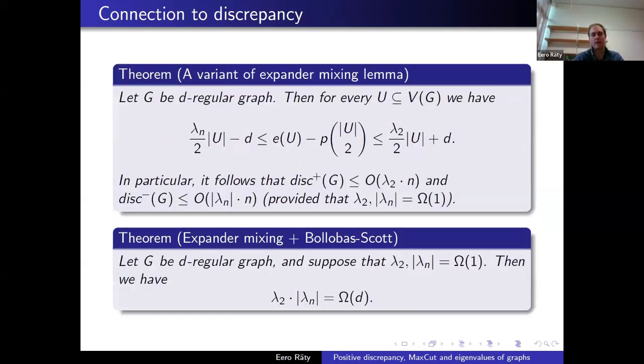The variant we want from it is the following, where we only look at the number of edges inside a set, which can be proved by essentially the same method.